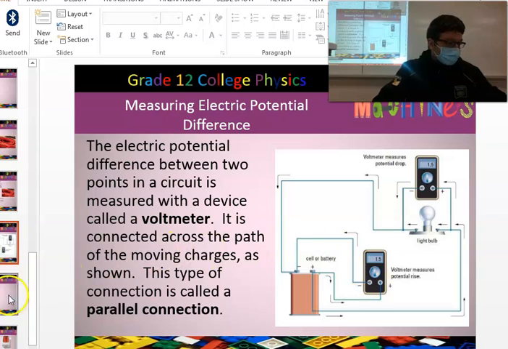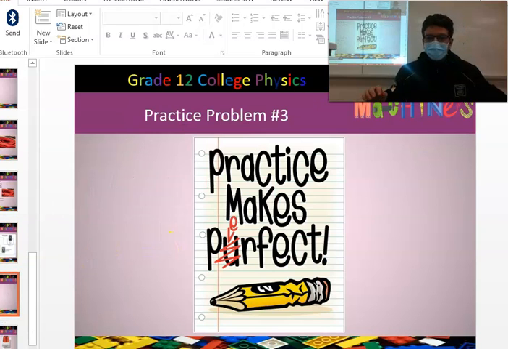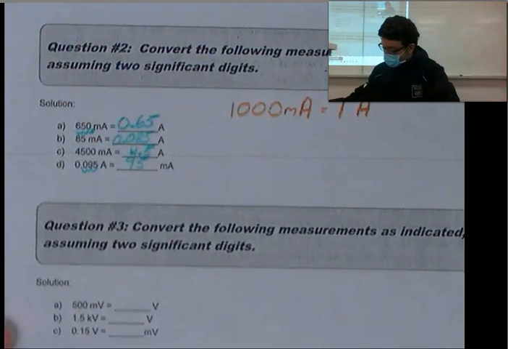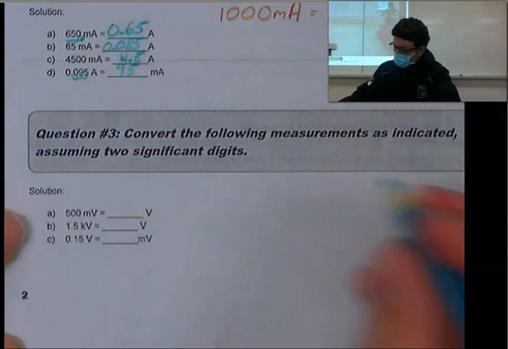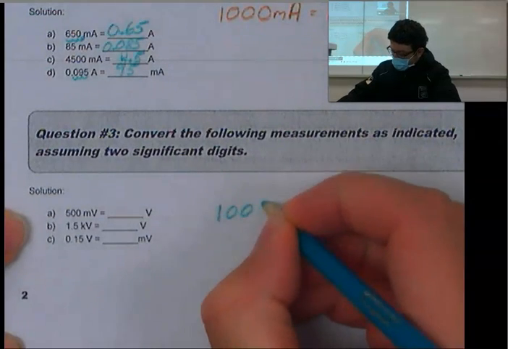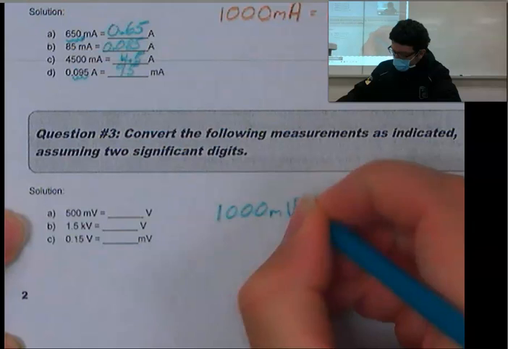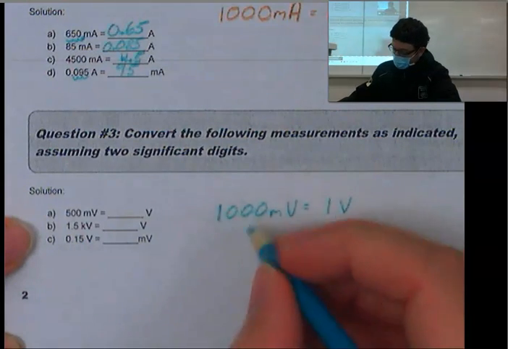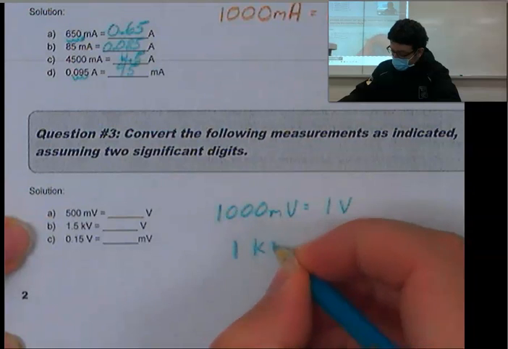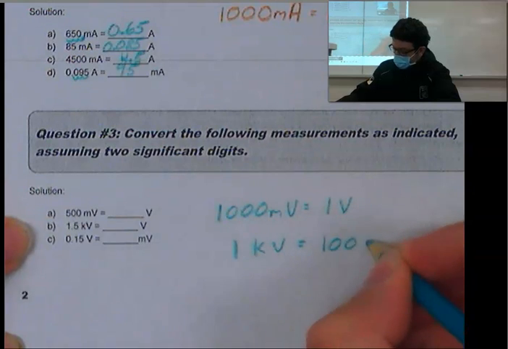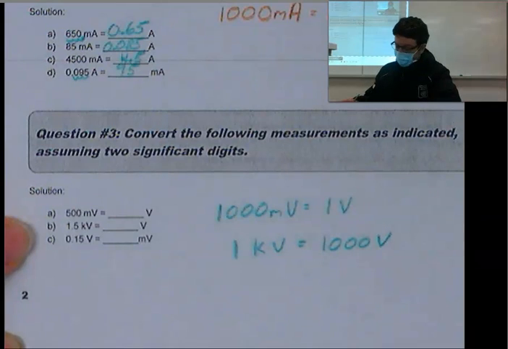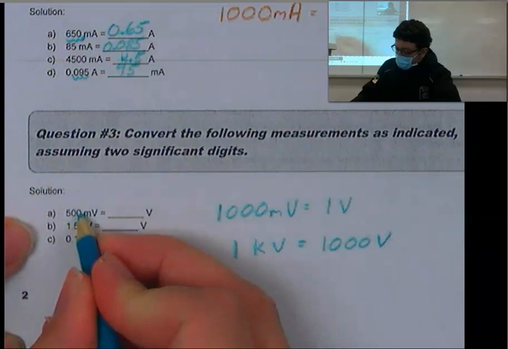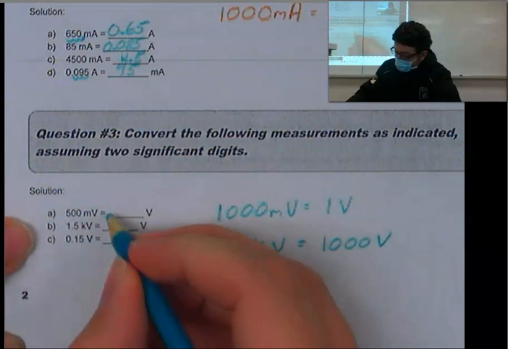So let's try working with some of our units, just like we did with amperes, but we're going to do the same thing with volts. So again, 1,000 millivolts is equal to 1 volt, but then I also have kilovolts here, where 1 kilovolt is equal to 1,000 volts. So if we said 500 millivolts to volts, we're going to move our decimal place to the left 3 spaces.